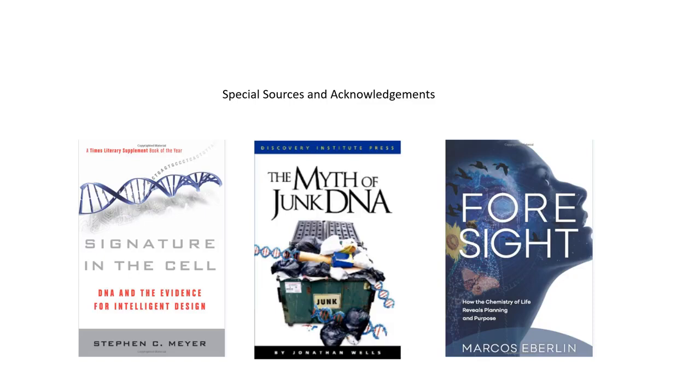I have mentioned probably all of these books somewhere along the way, but I did want at the very end to give special acknowledgement to these three sources that I relied on heavily, and I think that they are truly outstanding books if you are interested in these topics. Signature in the Cell, DNA and the Evidence for Intelligent Design by Stephen Meyer, The Myth of Junk DNA by Jonathan Wells, and Foresight, How the Chemistry of Life Reveals Planning and Purpose by Marcos Eberlin. I highly recommend them.